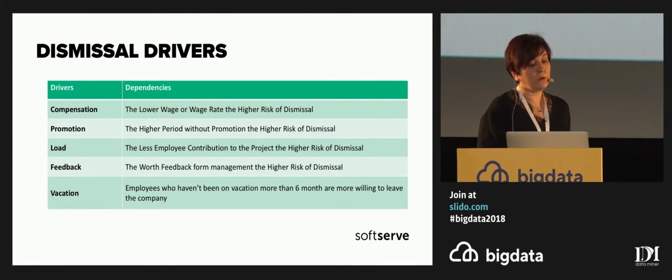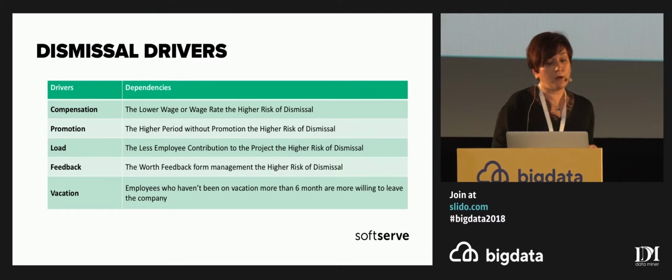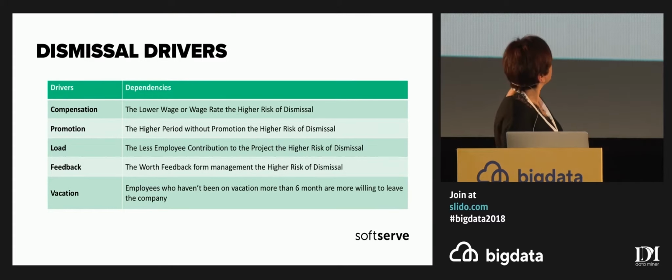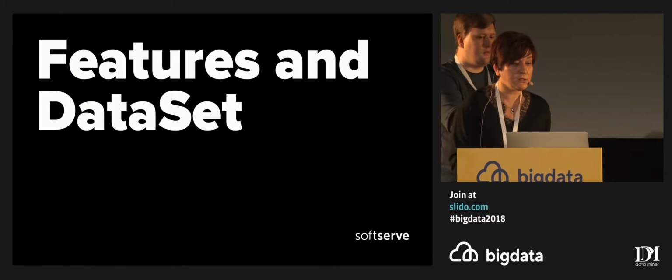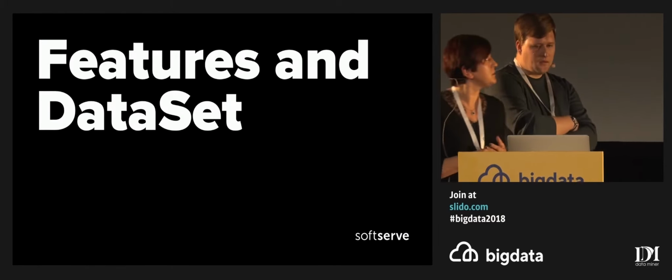The less an employee contributes to the project, the higher the risk of dismissal. The worse the feedback from management, the higher the risk of dismissal. And finally, some conclusions regarding vacation. Next, the features and datasets.